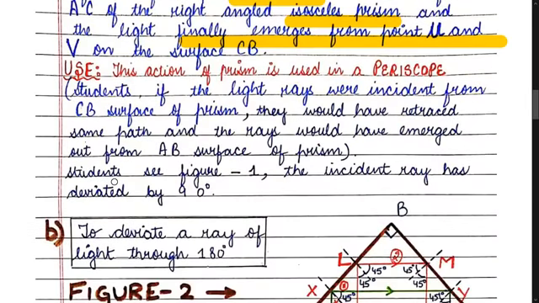So students, such case is basically used in periscope. This action of prism is used in periscope. Otherwise, in case of periscope, we are usually using mirrors, plane mirror. But instead of plane mirror, if we use prism, the image formed is much better.